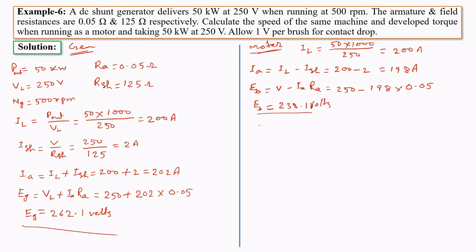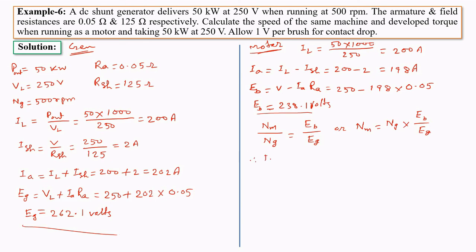So the speed of the machine when it is working as a motor upon the speed of the machine when it is working as a generator can be written as back EMF upon generated EMF, or the speed of the motor will be speed of the generator into back EMF upon generated EMF.